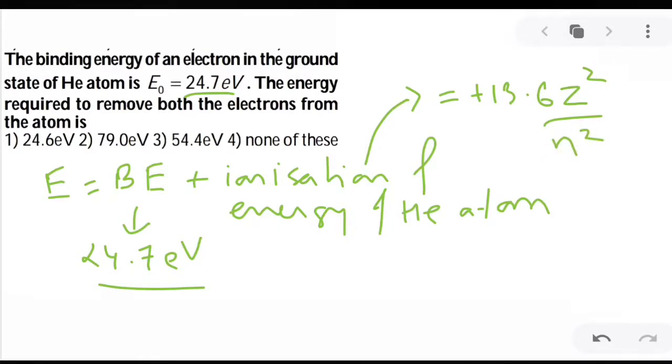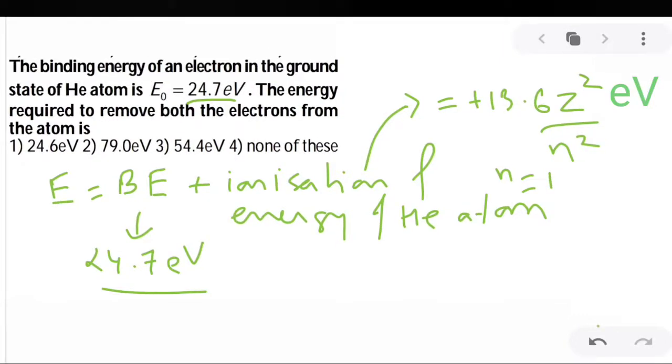Okay, 13.6 Z square by N square. This is the formula for ionization energy. Now, see here both the electrons will be in the ground state. So obviously N will be equal to 1. Okay. So substituting this in here.